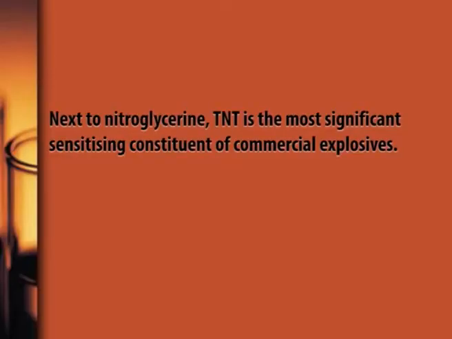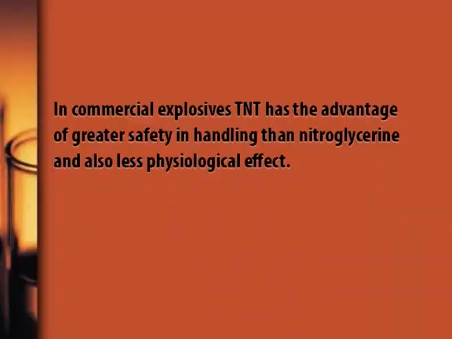Next to nitroglycerine, TNT is the most significant sensitizing constituent of commercial explosives. For such purposes, it does not require the high purity demanded for the military product, but otherwise the material is similar. In commercial explosives, TNT has the advantage of greater safety in handling than nitroglycerine and also less physiological effect.